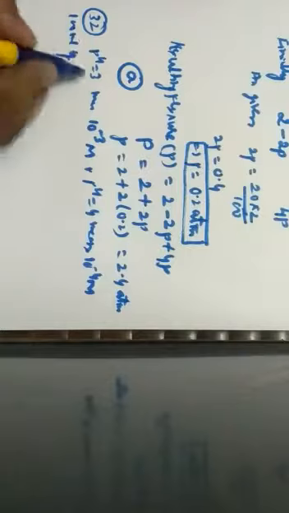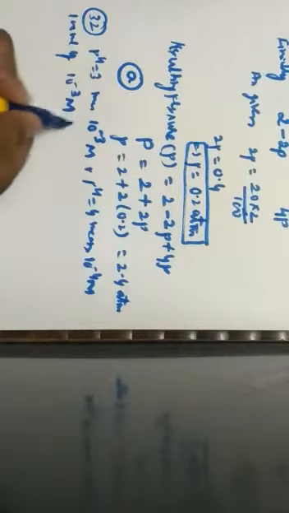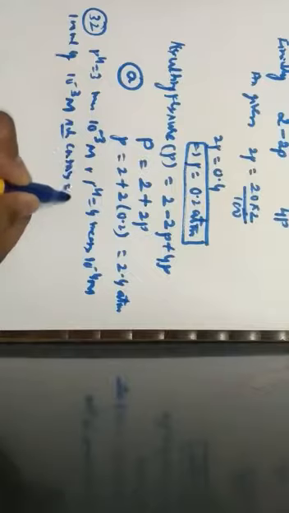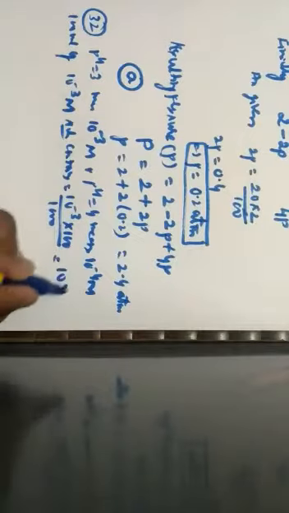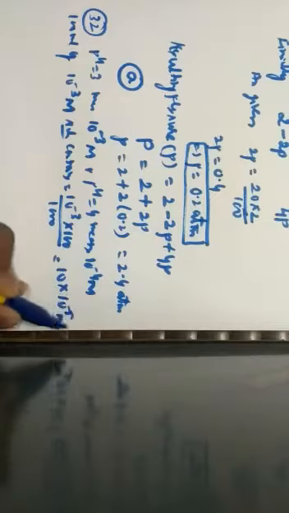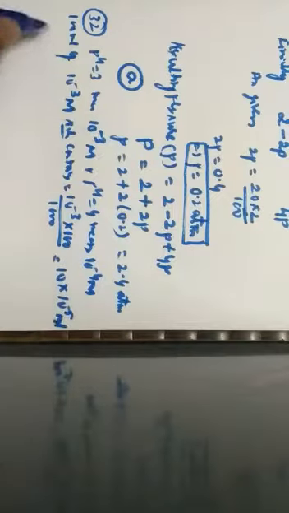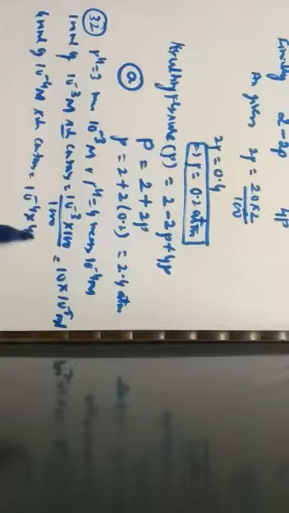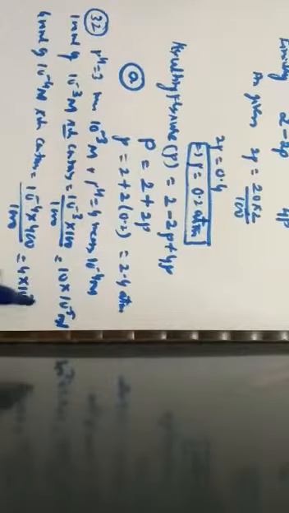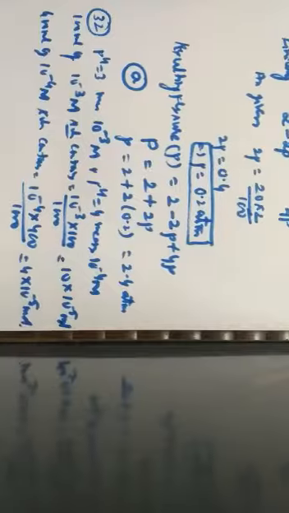What they have given, that is 100 ml of 10 to the power of minus 3 molar solution contains 10 to the power of minus 3 into 100 divided by 1000, because the concentration is with reference to 1 liter, that is equal to 10 into 10 to the power of minus 5 moles. In the same way, 400 ml of 10 to the power of minus 4 molar solution contains 10 to the power of minus 4 into 400 divided by 1000, that is equal to 4 into 10 to the power of minus 5 moles.